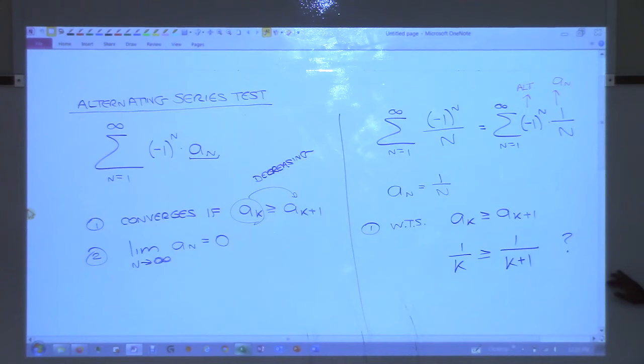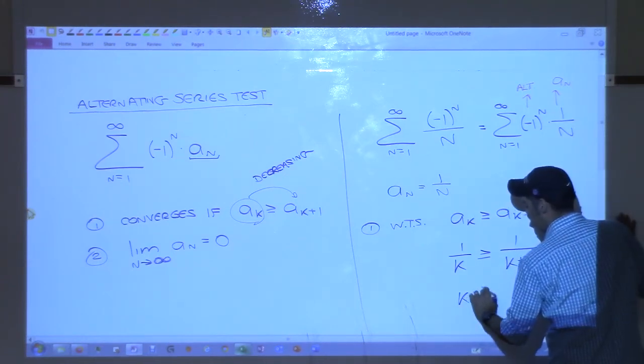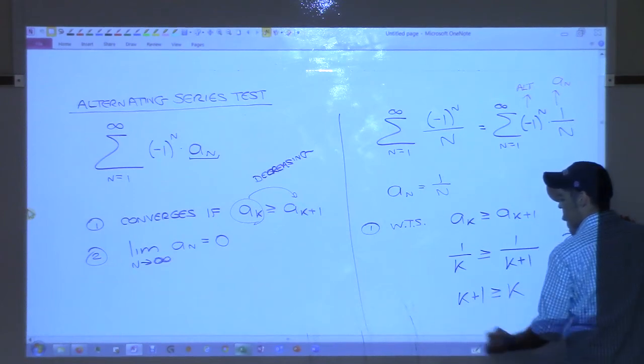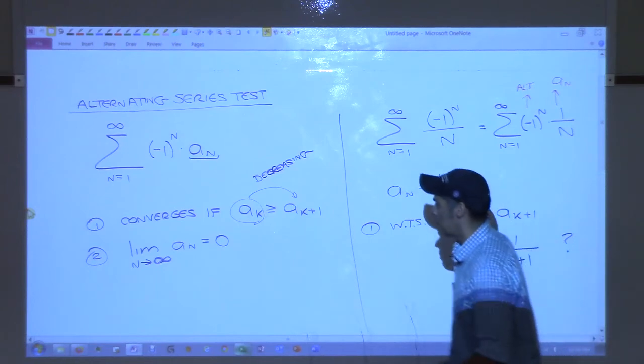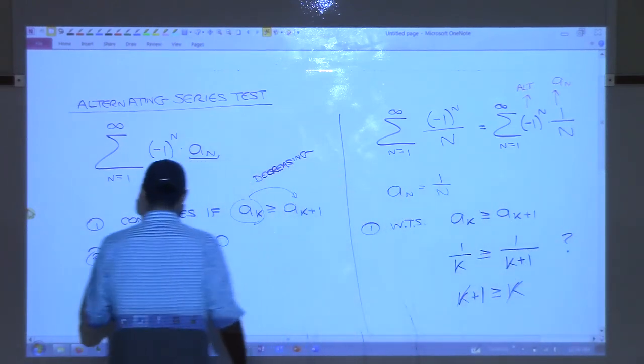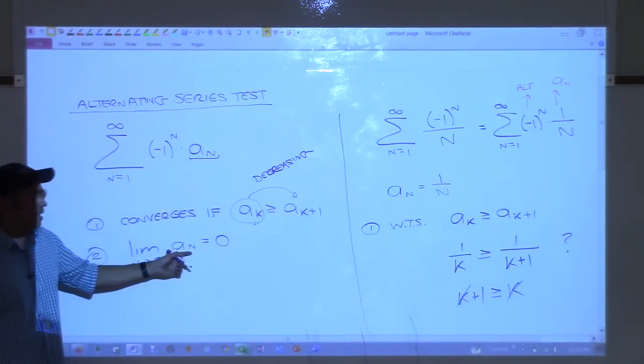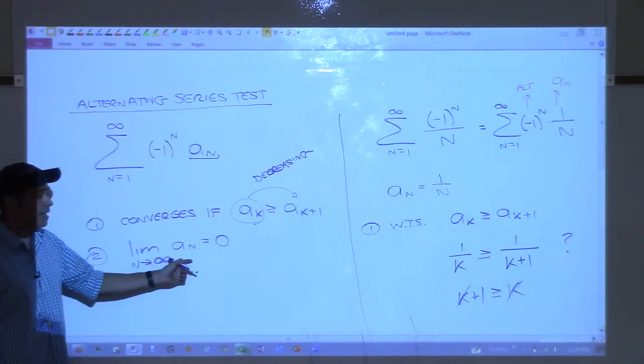Yeah, that's true. You could cross multiply. k plus 1 is bigger than or equal to k. Cancel the k's. 1 is bigger than 0. That's true. So is it decreasing? Yes, decreasing. What's the last thing I need to show? The limit as n goes to infinity of a sub n is 0.